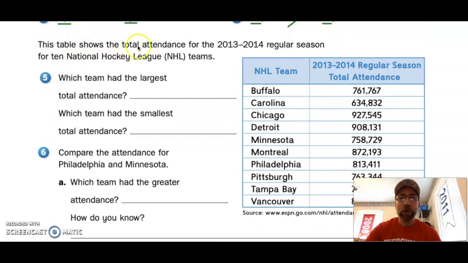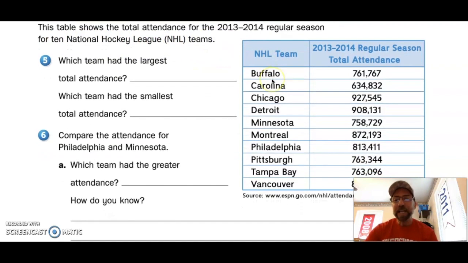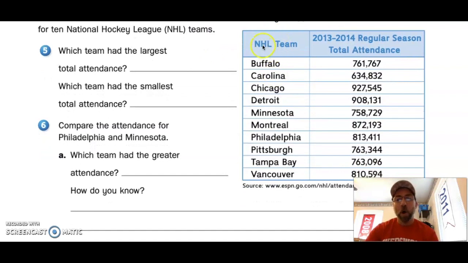This table shows the total attendance for the 2013-14 regular season for 10 National Hockey League, which is the NHL, teams. So let's take a look at our table. On the left column, we have the NHL team: Buffalo, Carolina, Chicago, Detroit, Minnesota, Montreal, Philadelphia, Pittsburgh, Tampa Bay, Vancouver.